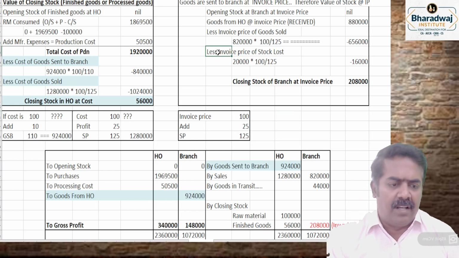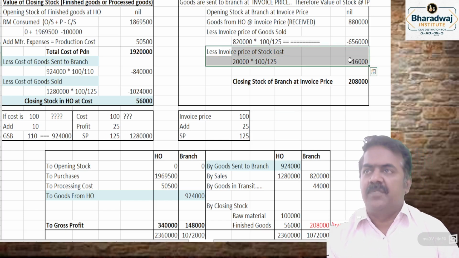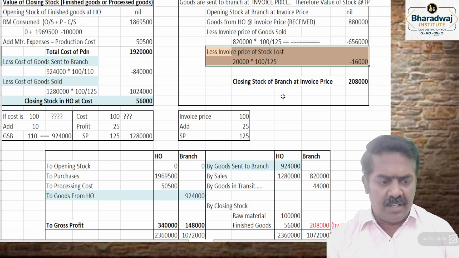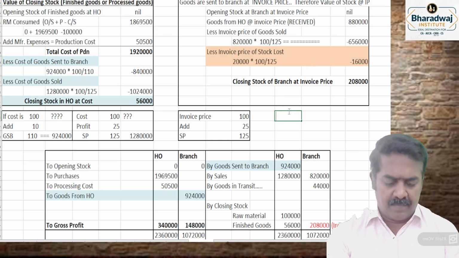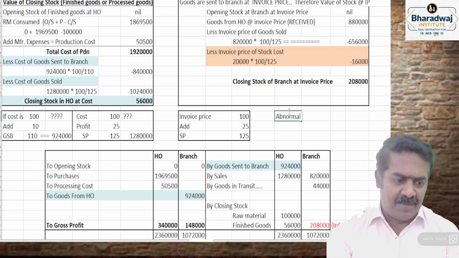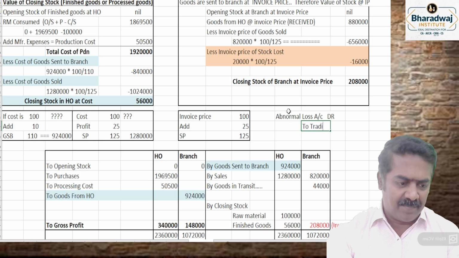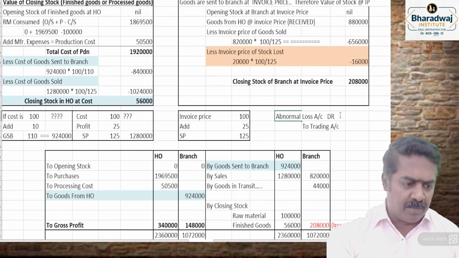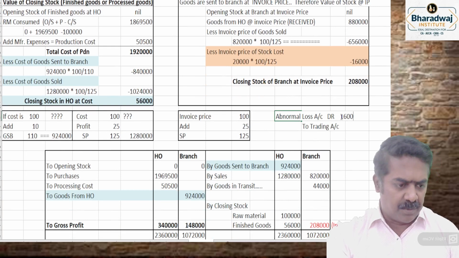There is an abnormal loss of goods. What is the journal entry for abnormal loss of goods? Abnormal loss account debit to trading account. How much abnormal loss? 16,000.